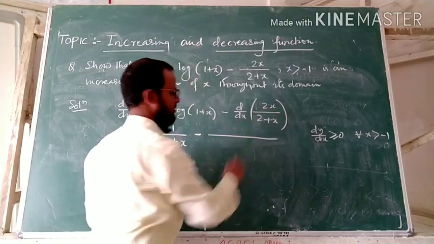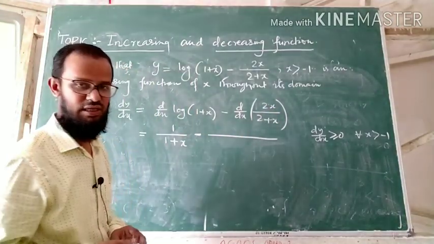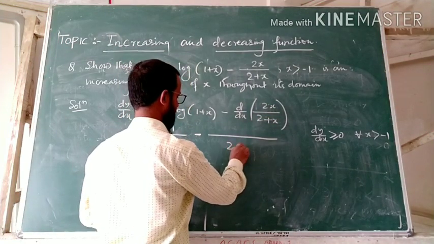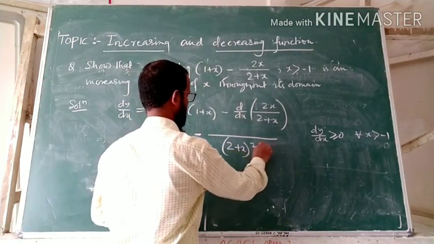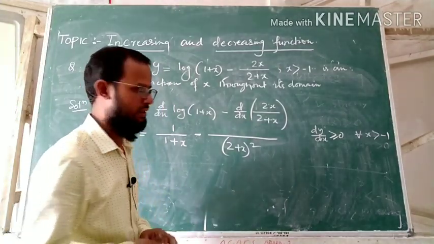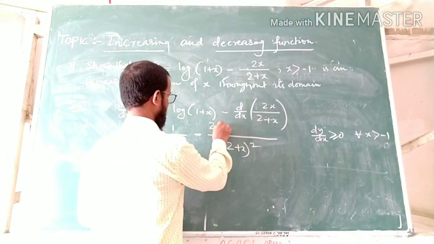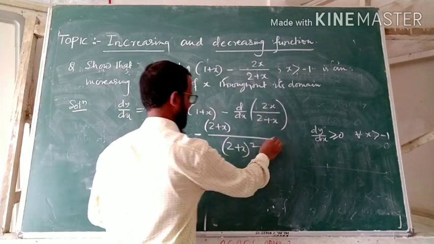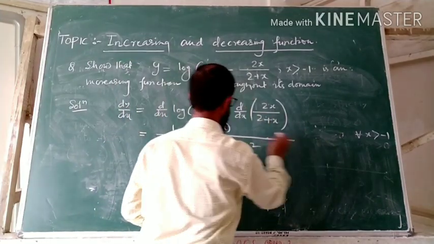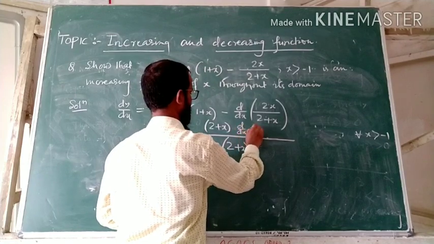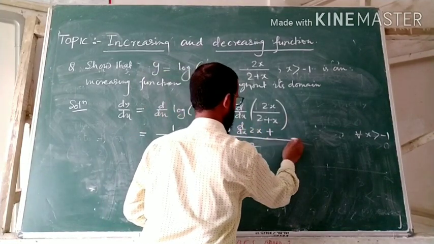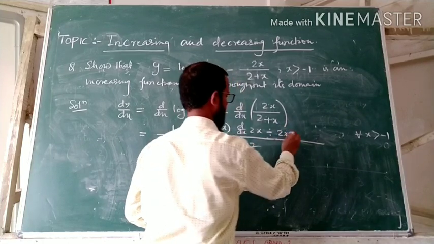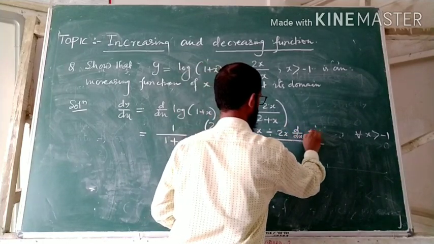So no need to write, minus, this is d/dx of u by v format. So here you utilize this Quotient rule of differentiation. 2 plus x, फॉर्मूला क्या था, नीचे वाला जो है उसको स्क्वायर करना है, और शुरू करेंगे नीचे वाला से, 2 plus x into d/dx of twice x. ओके, एक बार कर लेता हूँ, d/dx of twice x प्लस माइनस, फिर क्या होगा, माइनस twice x इंटू d/dx of 2 plus x.